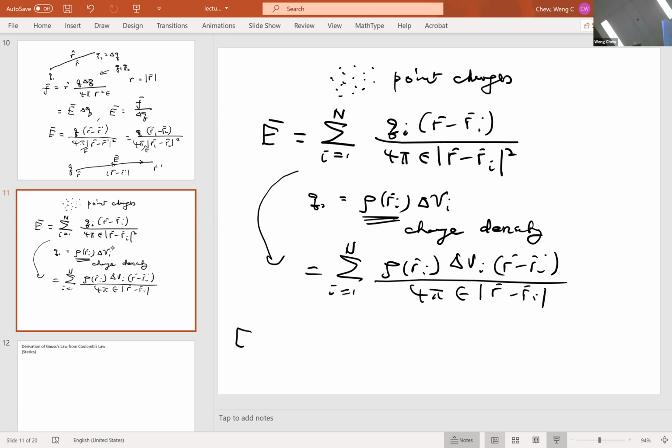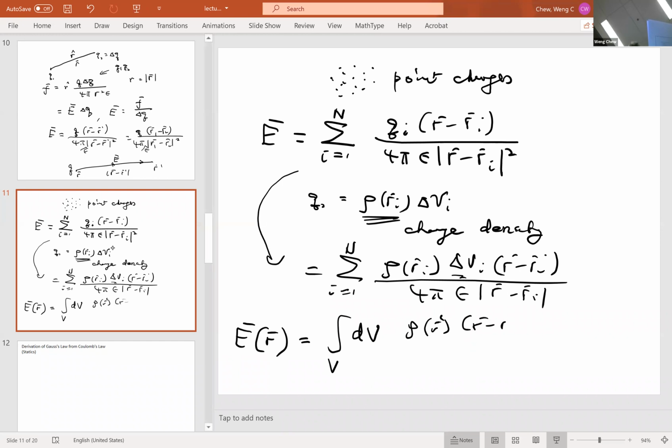This will be useful later on, because it is essentially the precursor to an integration. This delta V can become a dV in an integration, and then you have the charge density, and I think there should be a square here, sorry: 4 pi epsilon |R minus R prime| squared.